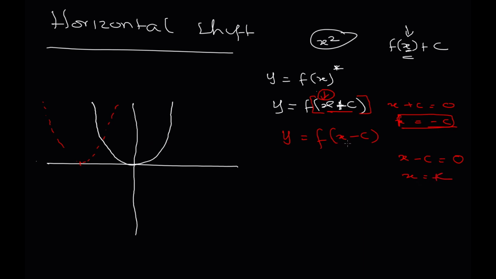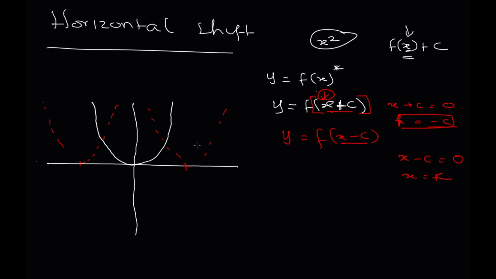Meaning that if I take away, I'm going to have to move this positive c units on the horizontal plane. Okay, so now we can see that we have two things that are happening.